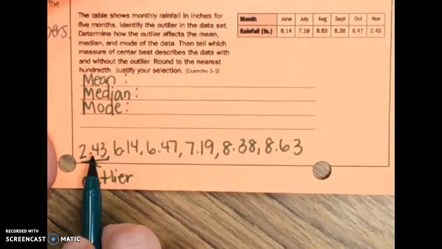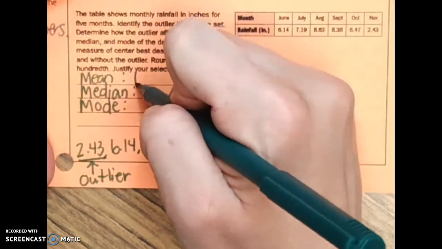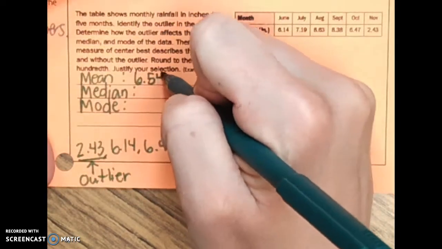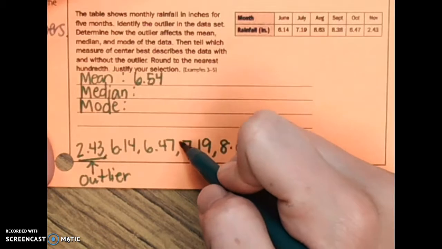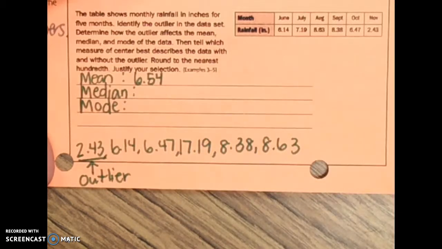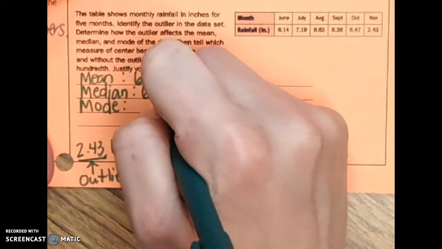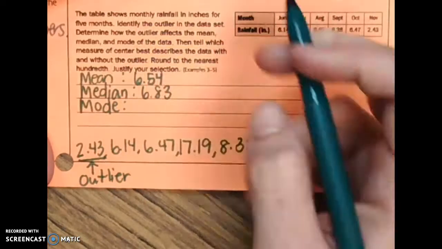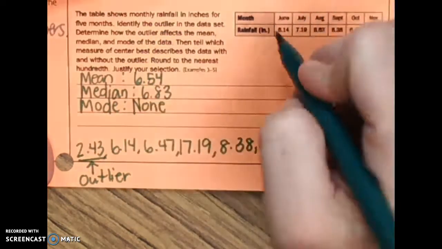If we do that, we add all the numbers together and divide by 6, and we get 6.54. We go in the middle, right here between 6.47 and 7.19. So I'm going to add them together, divide by 2, and I get 6.83. And then again, there are no repeated numbers, so the mode is none.